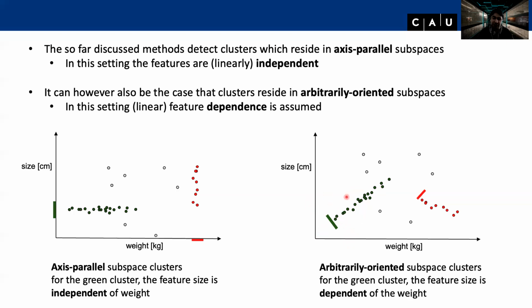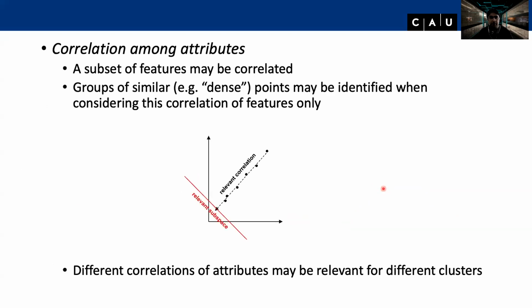So a take-home message here is that axis parallel subspace clusters have as the underlying assumption feature independence, while on the right-hand side, arbitrarily oriented subspace clusters assume a so-called feature dependence, or kind of correlation, as we can see here. However, there is also a finer differentiation.